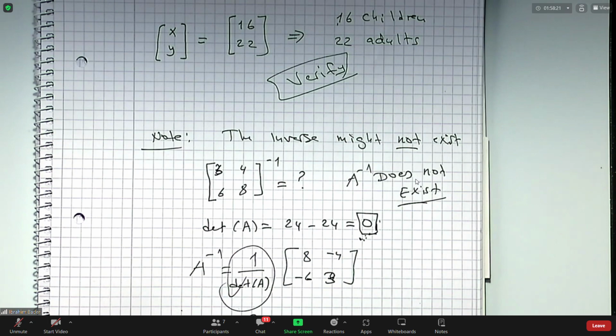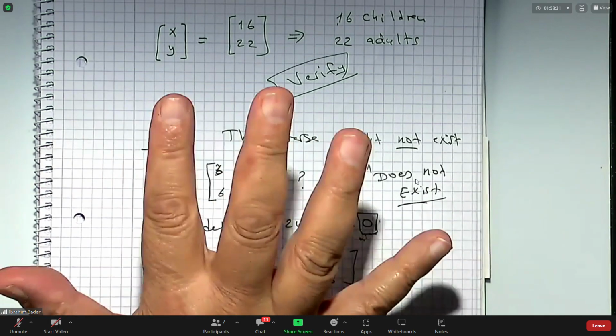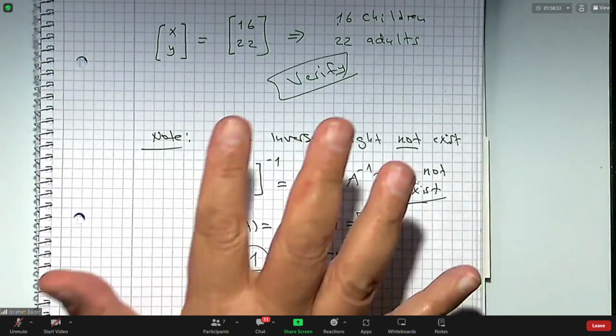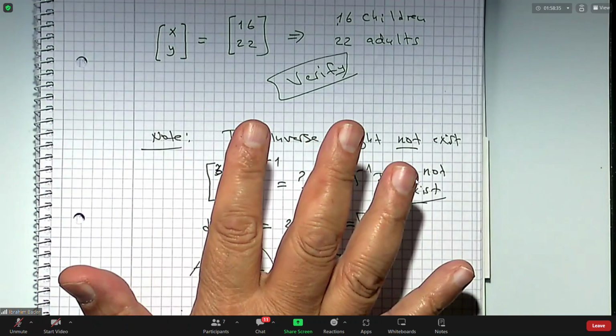Now, before I move to a larger matrix, do you have any questions regarding this process? Is it clear how this process works?